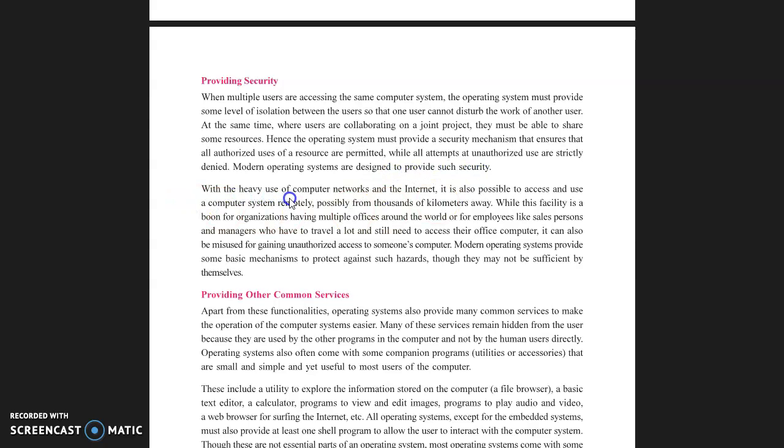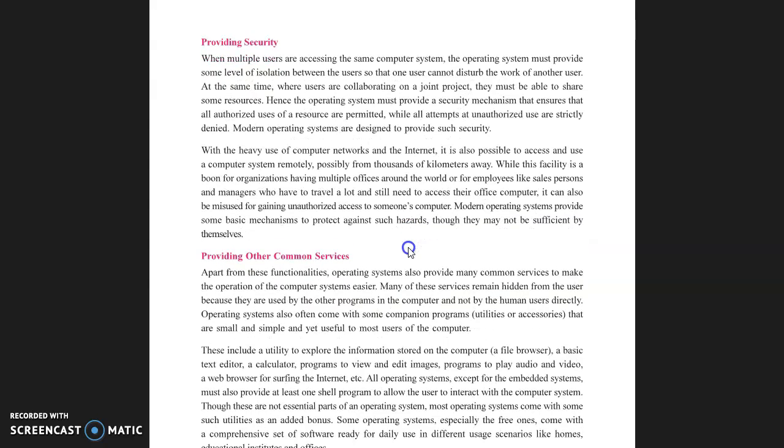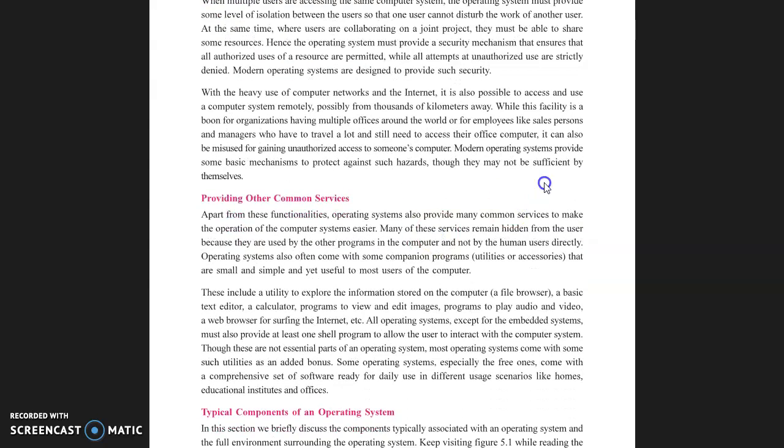With the heavy use of computer networks and the internet, it is also possible to access and use a computer system remotely, possibly from thousands of kilometers away. While this facility is good for organizations having multiple offices around the world, or for employees like salespersons and managers who have to travel a lot and still need to access their office computer, it can also be misused for gaining unauthorized access to someone's computer.